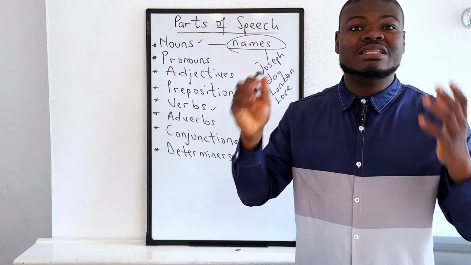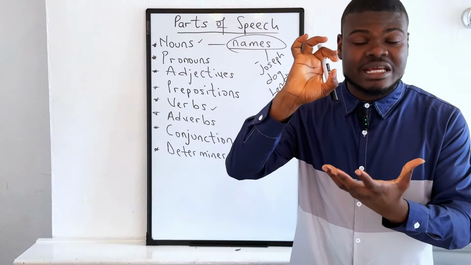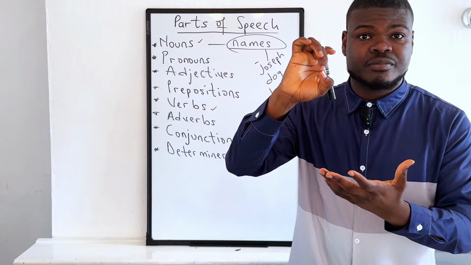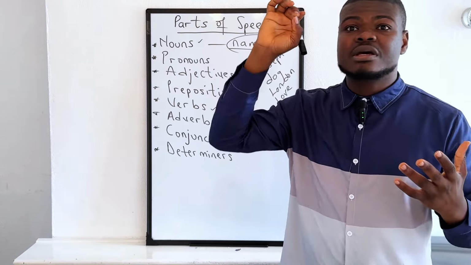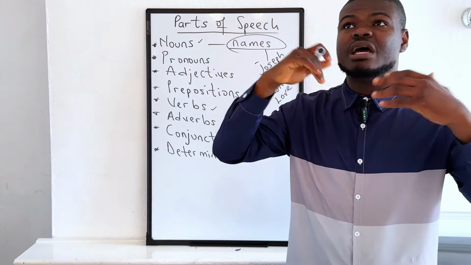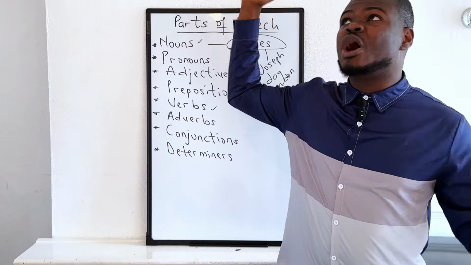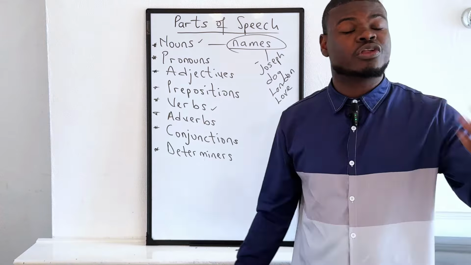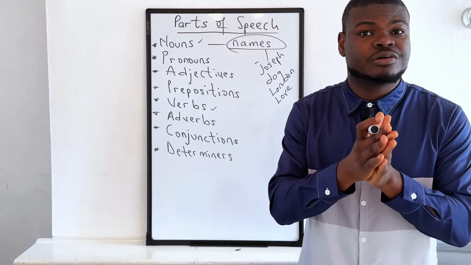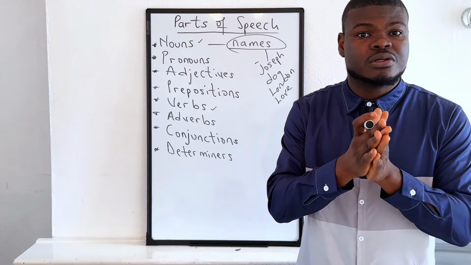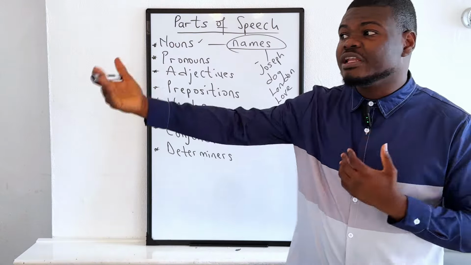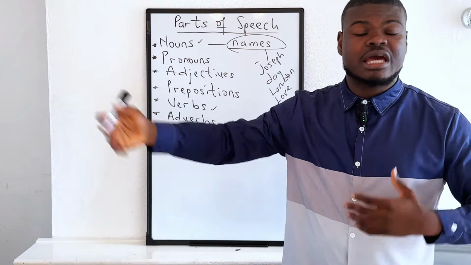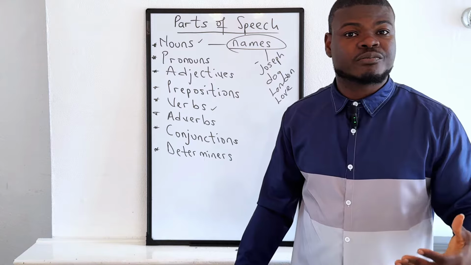So when you understand that nouns are names, when you mention anything at all, World War II, the name of a war, that is a noun. Aeroplane, the name of the object that flies in the sky and carries people from one location to another, that is a noun. Love, the feeling you have for someone, that is a noun.